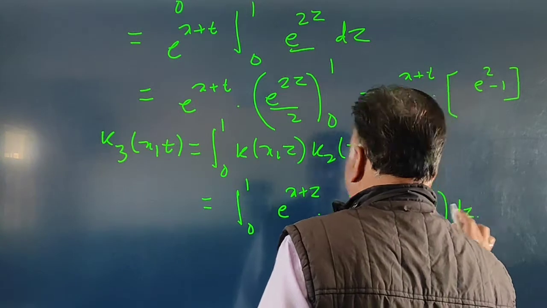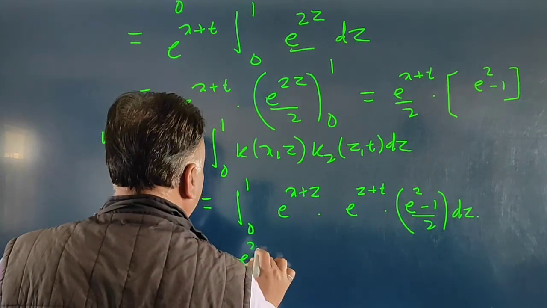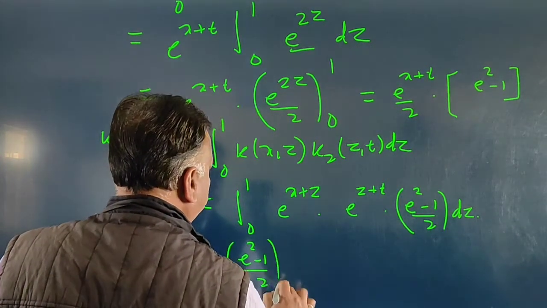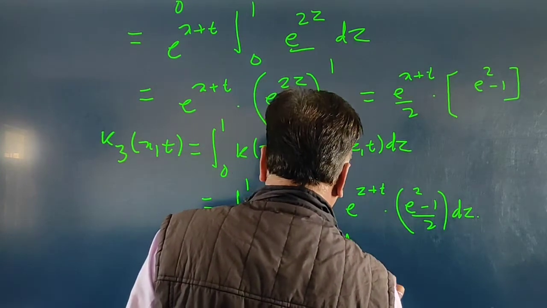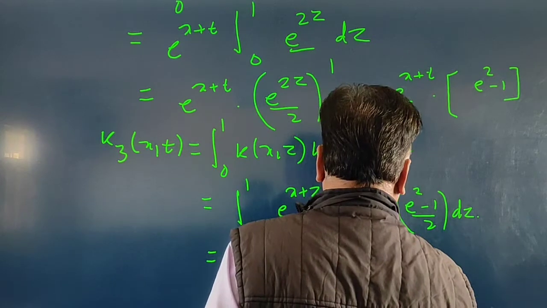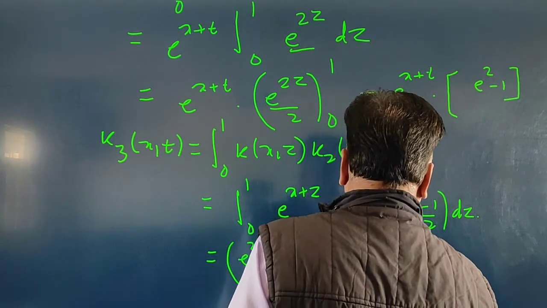So this is (e squared minus 1) upon 2 into e raised to x plus t times the integral from 0 to 1 of e raised to 2z dz.